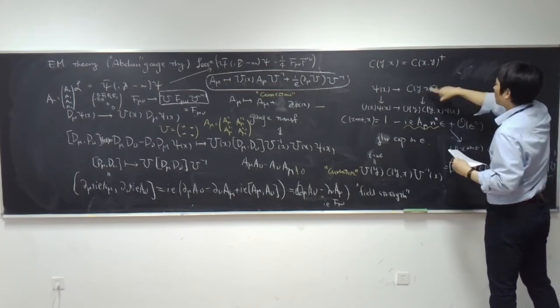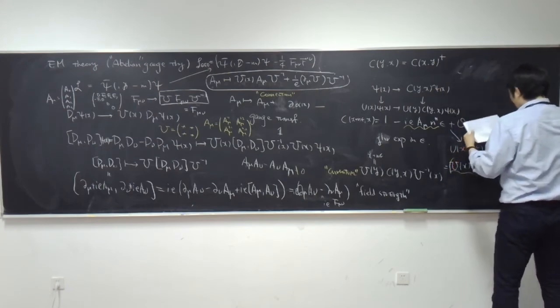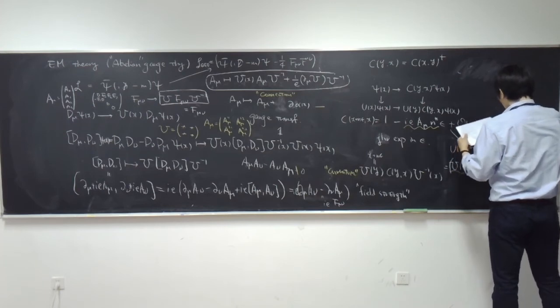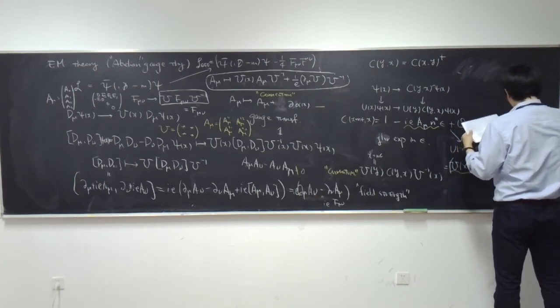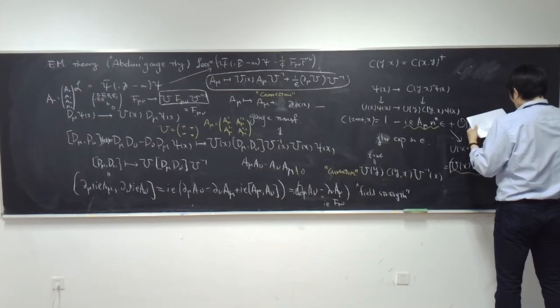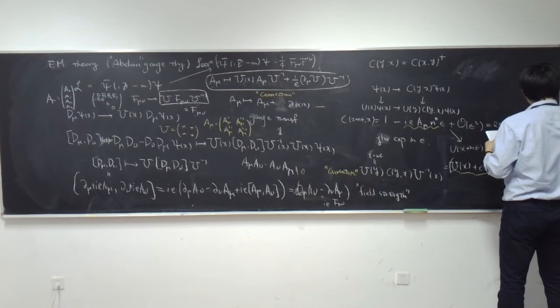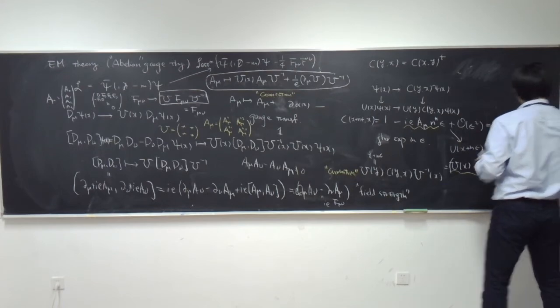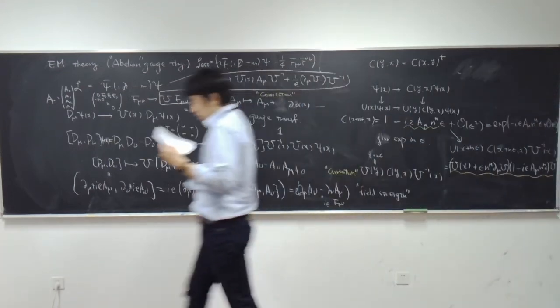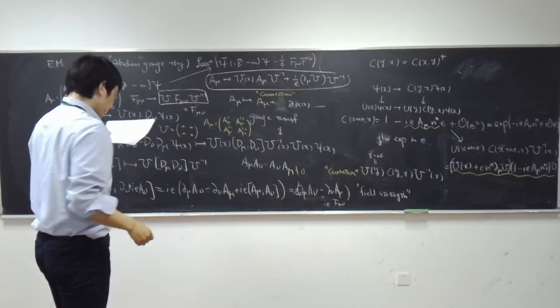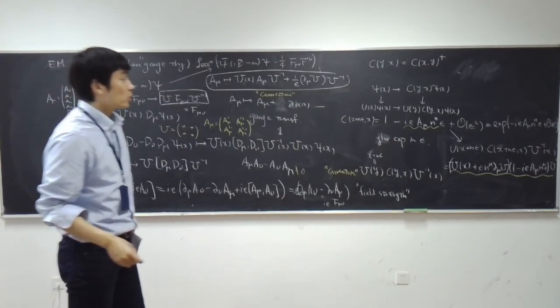Maybe if you assume this fact, you can just write down the following: minus i e x i e n mu epsilon plus order epsilon squared. So that's what you can just assume.